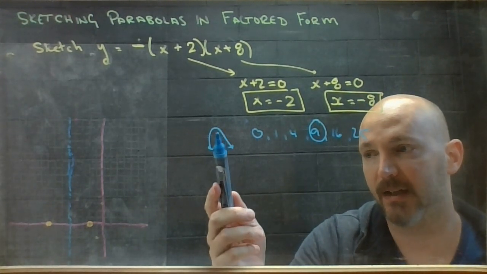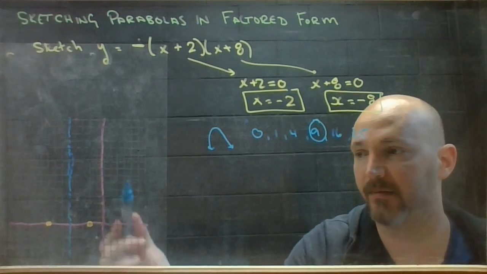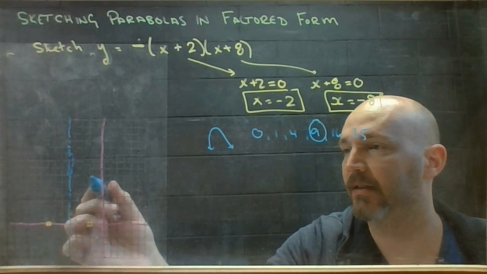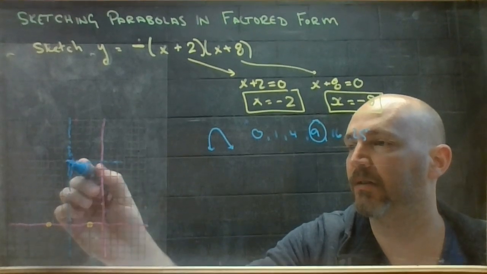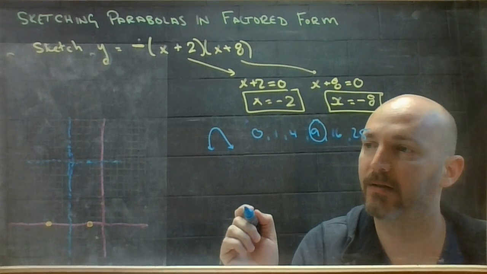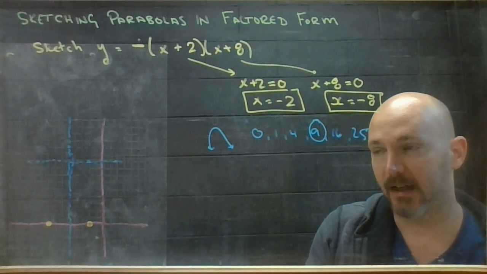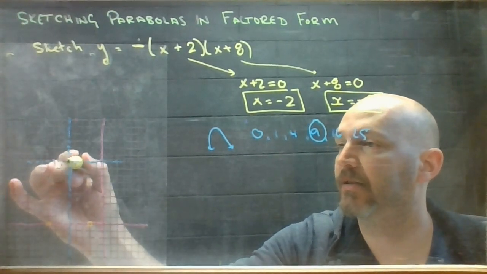So this vertex has to be sitting 9 squares above this dot. So I'm just going to find that. 1, 2, 3, 4, 6, 7, 8, 9. That's where my count line needs to be in order for this to be 9 squares below it.